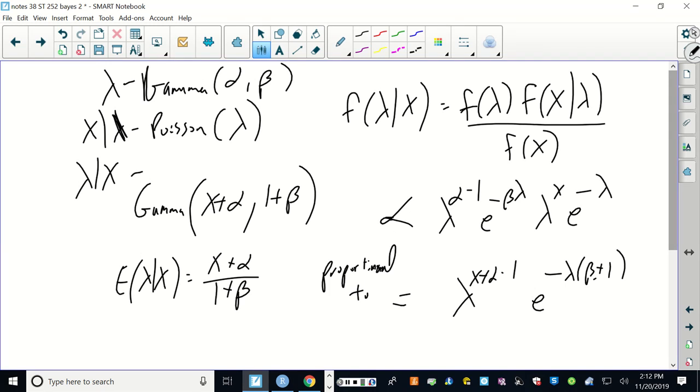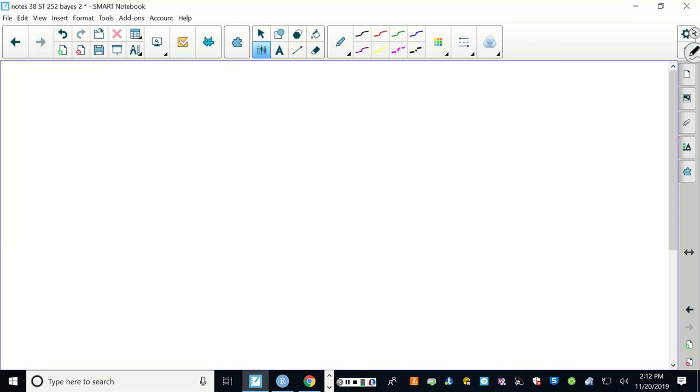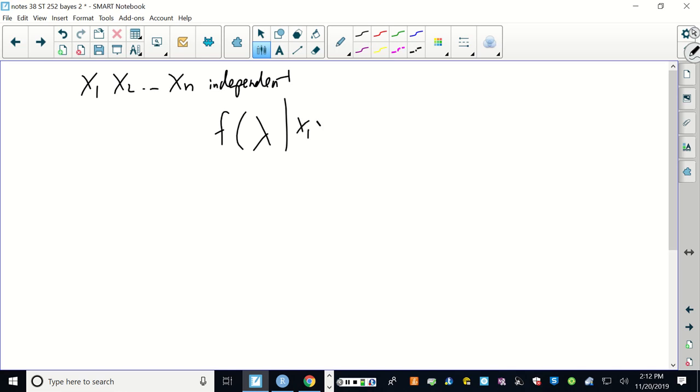Right? So what we would do, we have x1, x2, up to xn that are independent observations. We want to get the posterior distribution of lambda given all of our x's. It follows the same initial probability step of Bayes' theorem for reversing things.